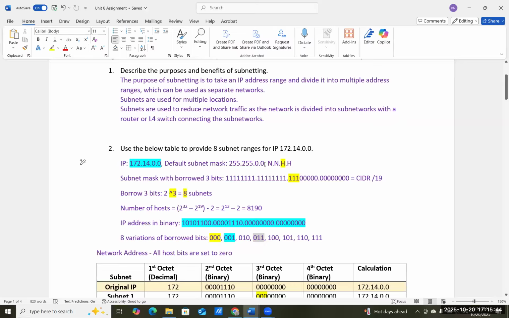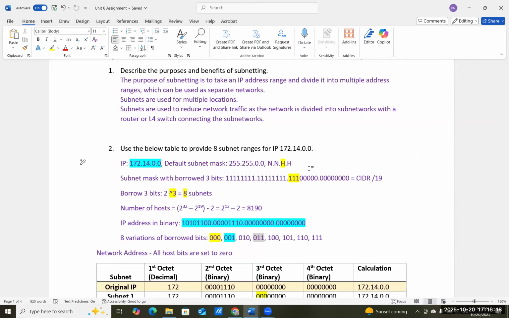Okay. So based on that, I would need to identify how many network octets and how many host octets. So I have network, network, host, host. Why? Because each of the 255s represents the network ID, and the third is the host, which is the 0, and the next is also a 0, which is a host. This is a default class B.